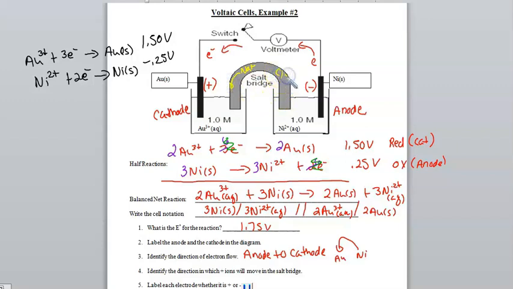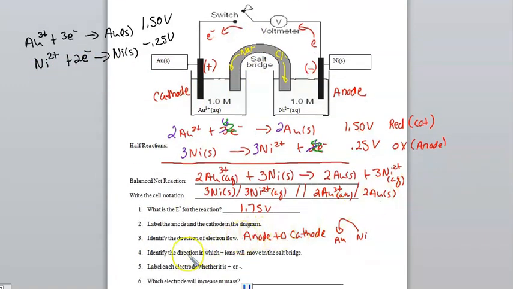The anion part, the negative part, goes to the anode. That's what happens in the salt bridge. So cathode. So this one's going towards the gold container. So it's going to go towards the gold beaker to balance out the charge.